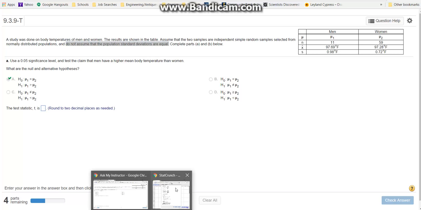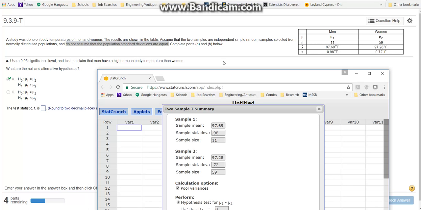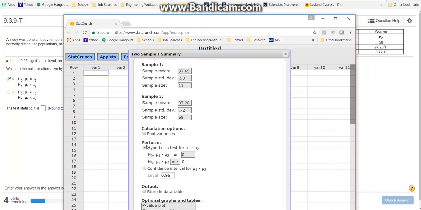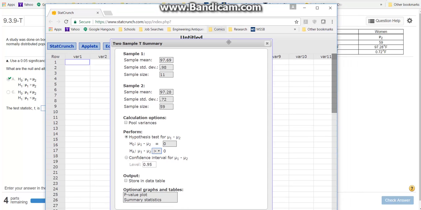What that means on my settings is that I will not be pooling the variances. When I pool the variances, that means the standard deviations are essentially the same, but that's not the case here. So change the alternative statement to greater than, and I am ready to make my calculation.